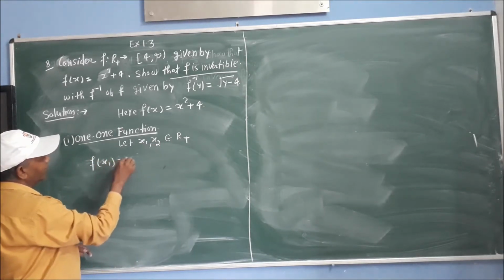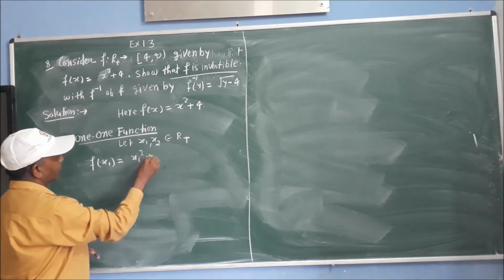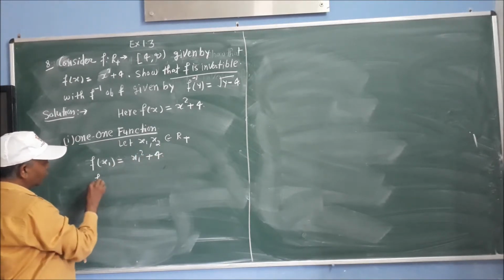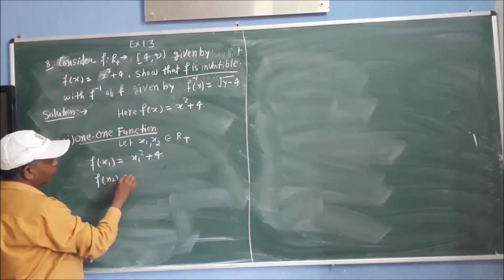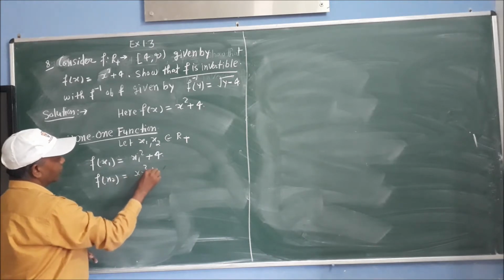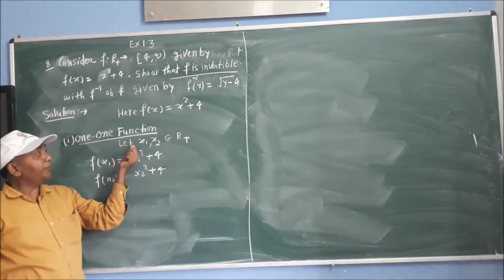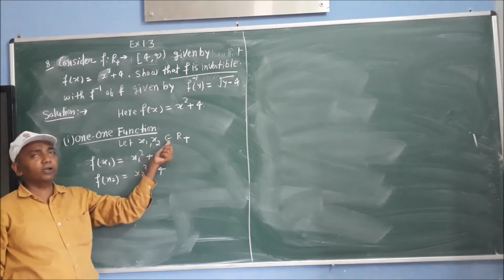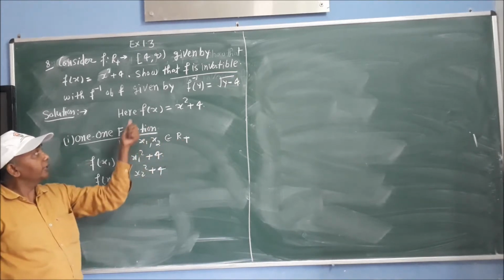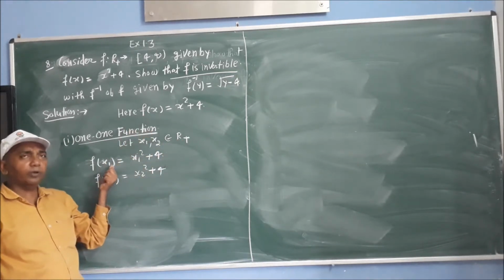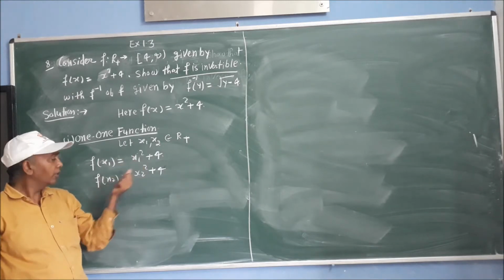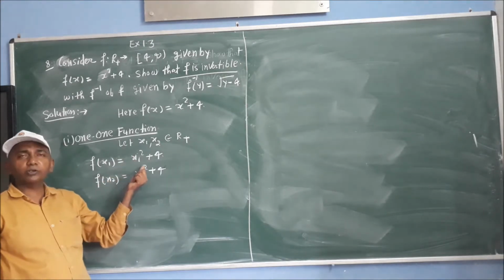f of x1 will be x1 square plus 4 and f of x2 will be x2 square plus 4.